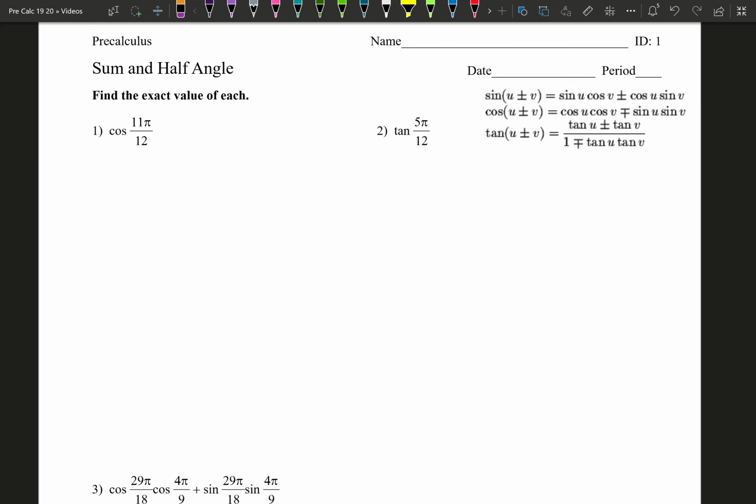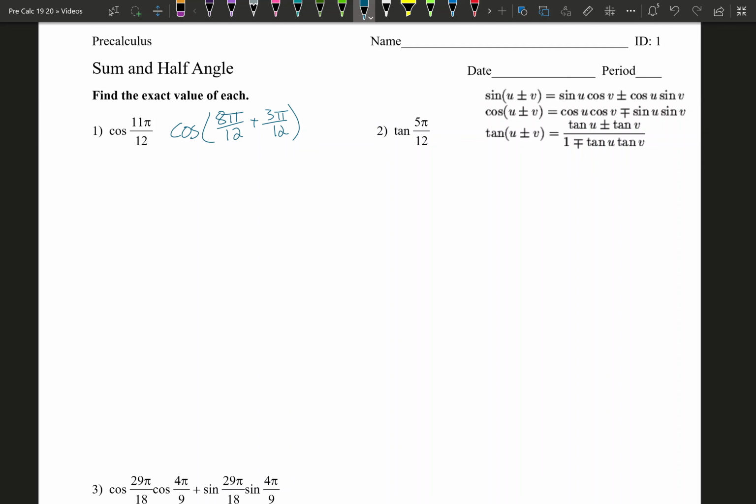So we have to go back and try a different set of angles that add up to 11 pi over 12. There are multiple different angles that we could use, but the one that I think about first is we can rewrite this as 8 pi over 12 plus 3 pi over 12.